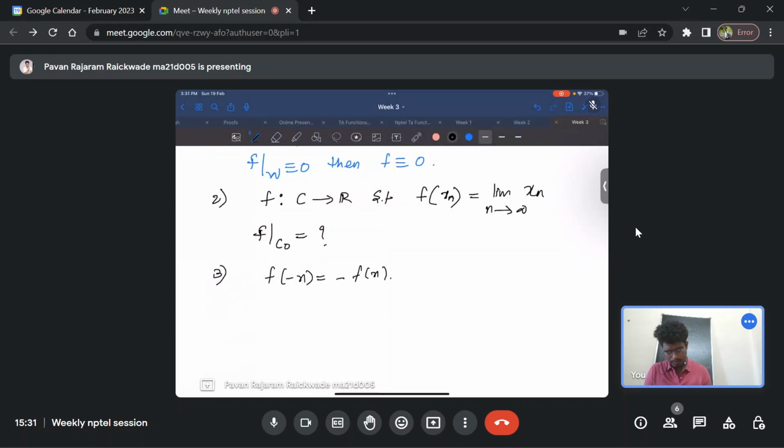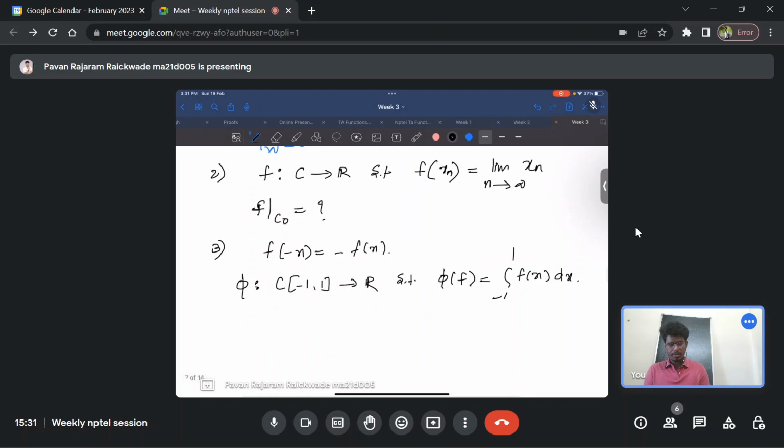So I can give a functional phi from C[-1,1] such that phi of f equals the integral from -1 to 1 of f(x) dx. This is a continuous linear functional. And what can you say about its value on odd functions? If f is odd, then the integral of f from -1 to 1 is 0, right?